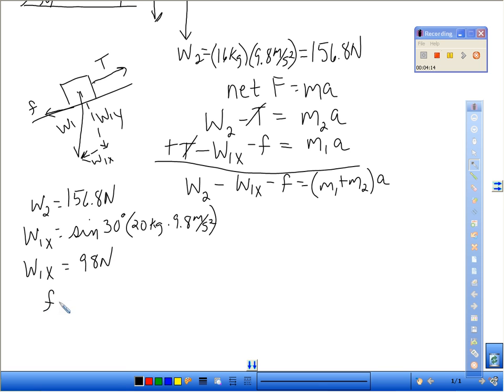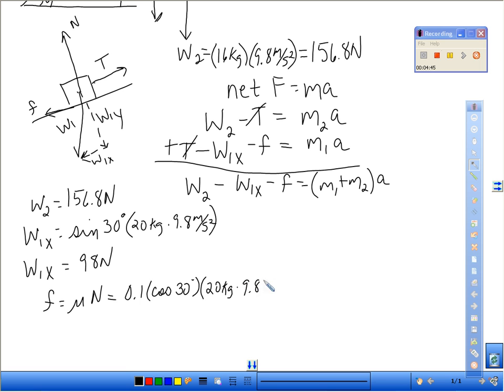Friction is mu times normal. Mu was given to me as 0.1. Normal force is a little different. There is my normal force. So my normal force is equal but opposite to W1y, so I'm going to take the cosine of 30 degrees times 20 kilograms times 9.8.